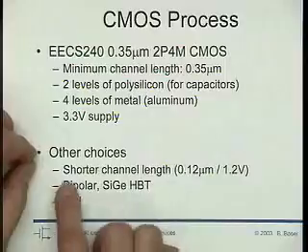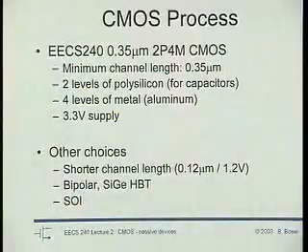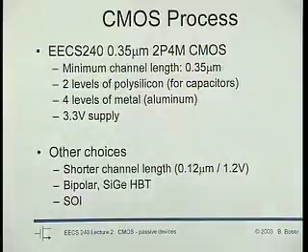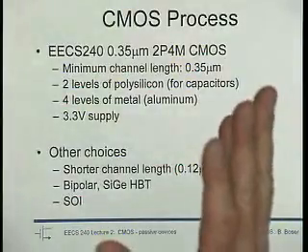Again, there are other choices. We could, of course, use a shorter channel length transistor that then has a 1 volt supply. We could work with bipolar, silicon germanium, HBT, SOI technologies, and so on. They're all important. Maybe one or the other is actually going to replace the standard bulk CMOS that we're talking about today. Who knows? I hope I can teach you design.